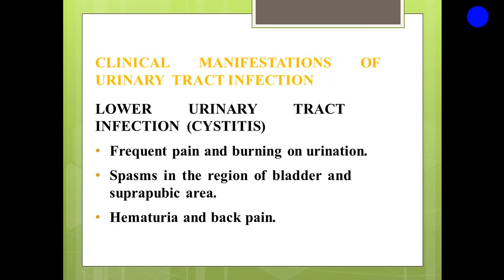Clinical manifestations of urinary tract infection. We have lower urinary tract infection, which is cystitis: frequent pain and burning on urination, which is the main manifestation, spasm in the region of the bladder and suprapubic area, hematuria and back pain.